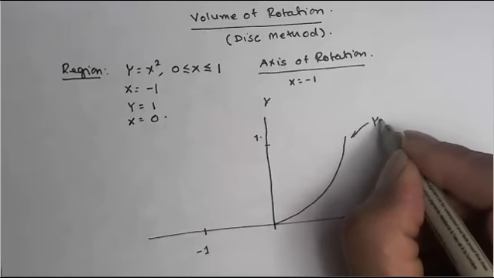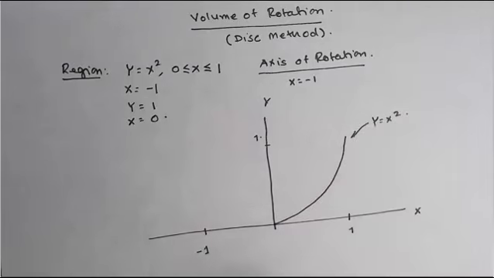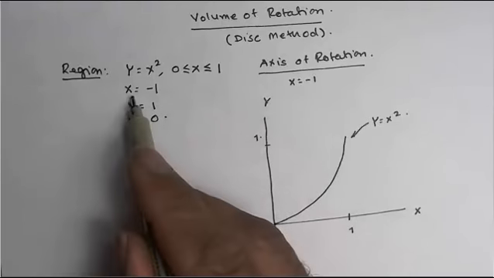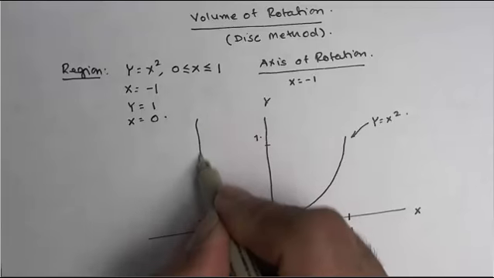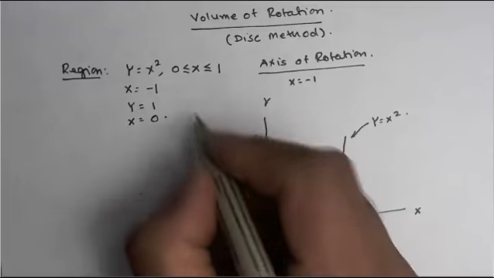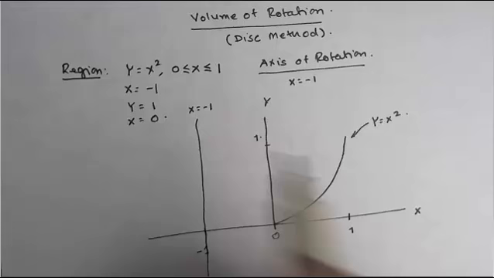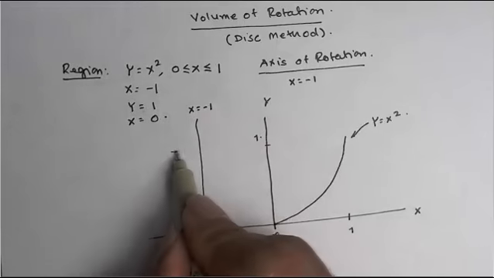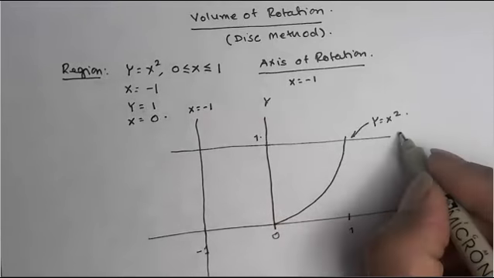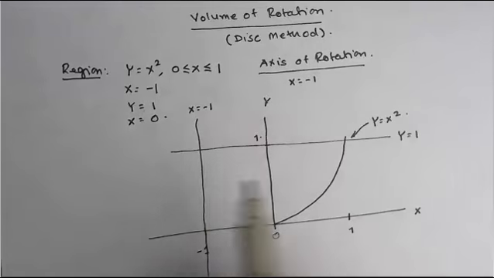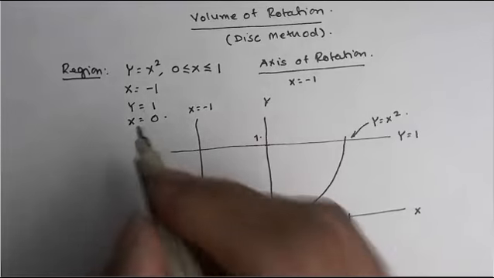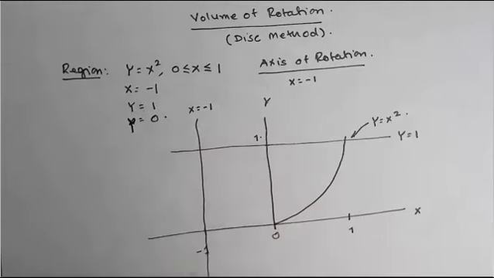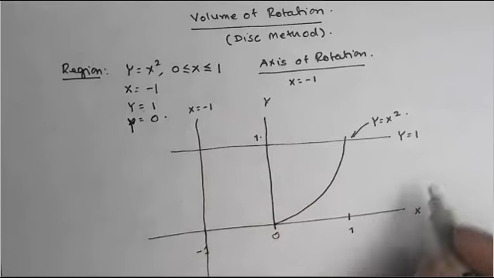So this is y equal to x squared, x going from 0 to 1. And then the second boundary is the boundary x equal to minus 1. The third boundary is the boundary y equal to 1. And the last boundary, oh, this should be y equal to 0. Sorry, the last boundary is the boundary y equal to 0.